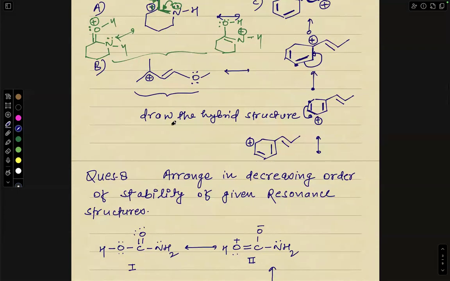Okay. Now look at the B. Again, we can say here, this pi bond is close to the positive charge, so we can shift over here. As a result of it, this bond has arrows, so it should be a double bond, and this carbon has the tail, so positive. Now again, very simple.